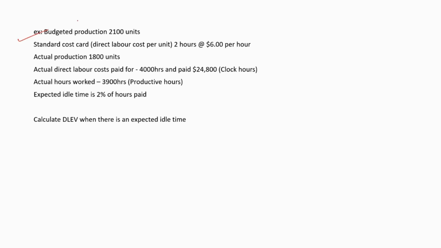Now let's do this example. We do not consider the budgeted production units. Calculate the direct labor efficiency variance when there is an expected idle time, which is equal to actual productive hours minus standard hours multiplied by standard rate per hour worked.